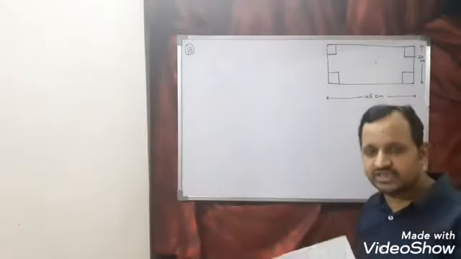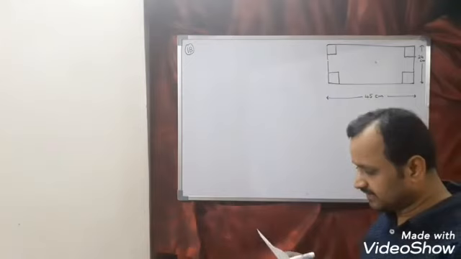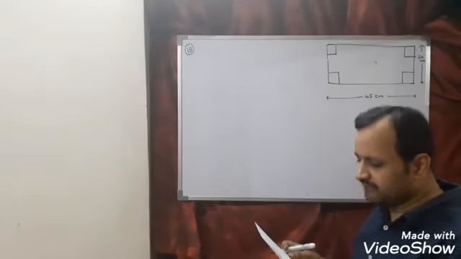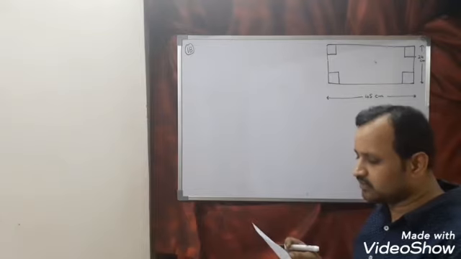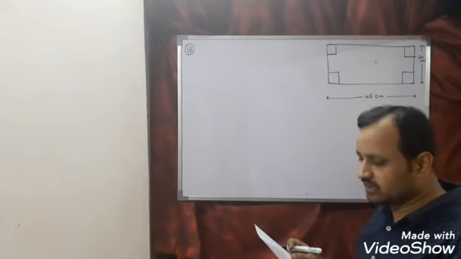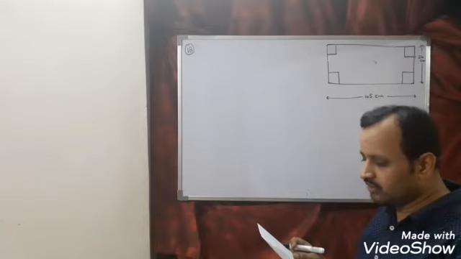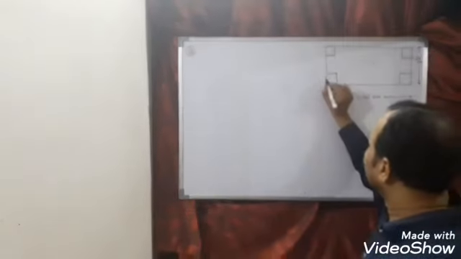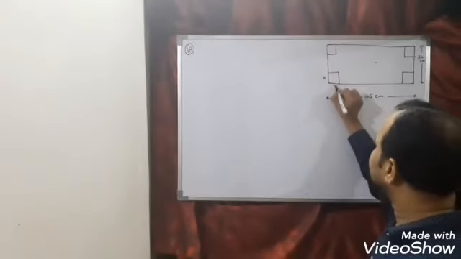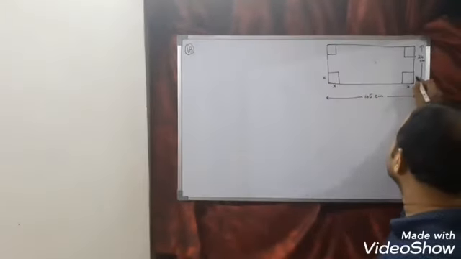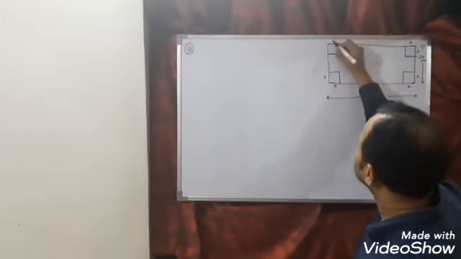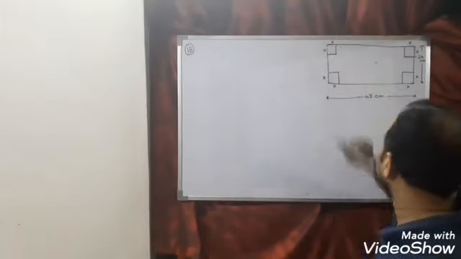In the previous question a square came, here it is a rectangle. From each corner and folding up the flaps, what should be the side of the square to be cut off so that volume of the box is maximum? So again I am taking this as x, here x, here x, and here x.